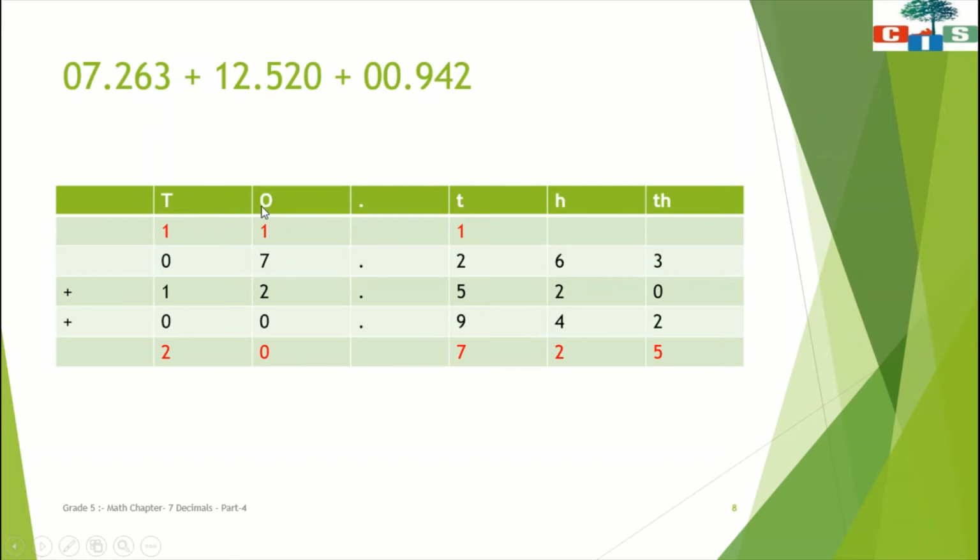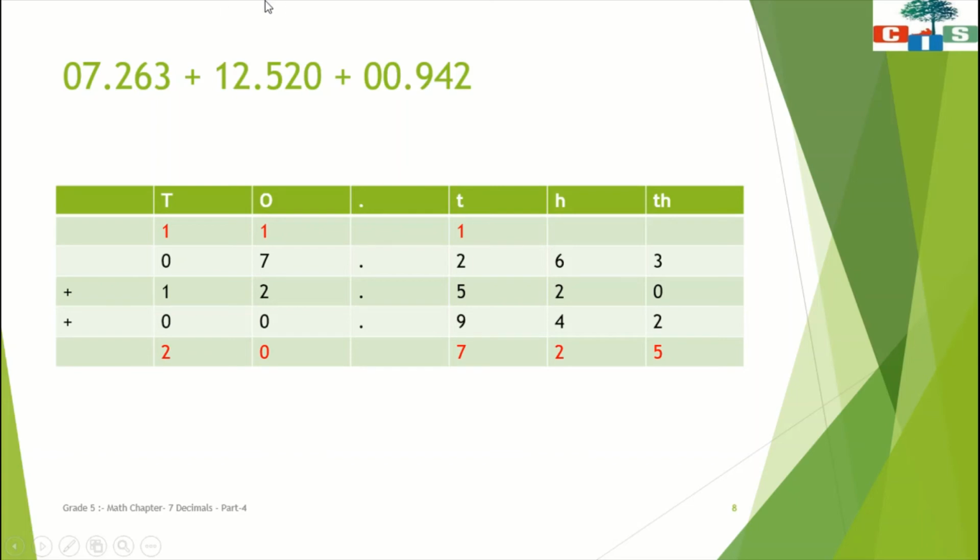Now we'll add all the digits at the ones place. Here we have 1 plus 7 plus 2, which is equal to 10. So we'll write 0 over here and 1 will be carried forward to the tens place value. So 1 plus 1 is equal to 2.